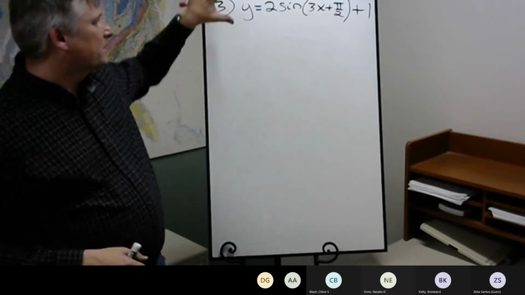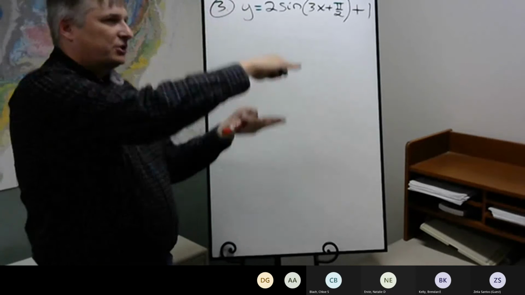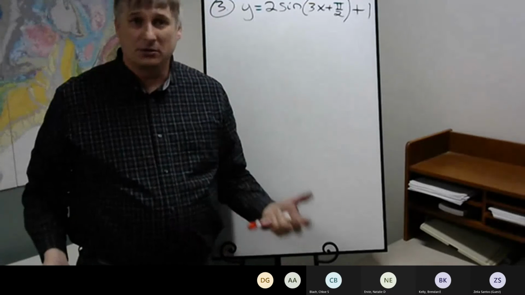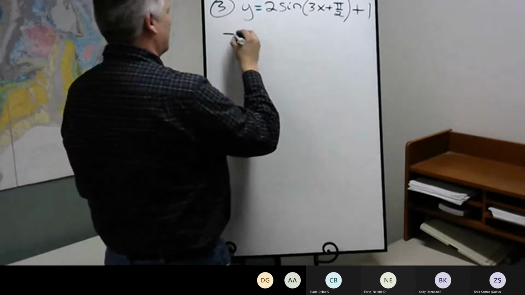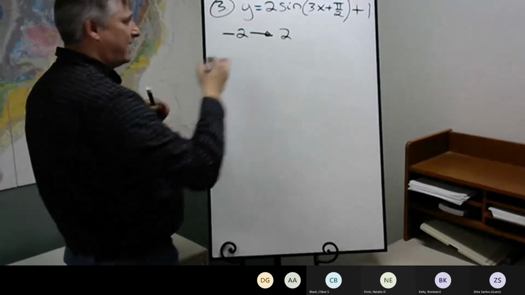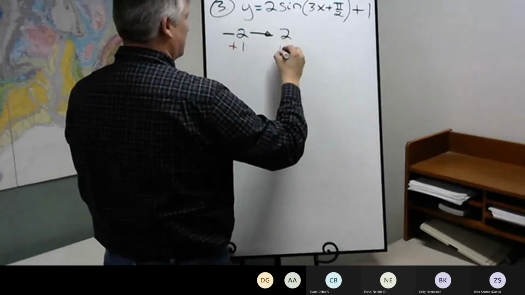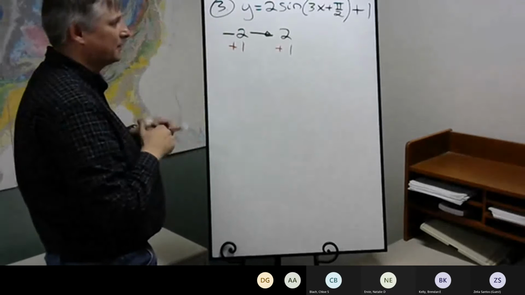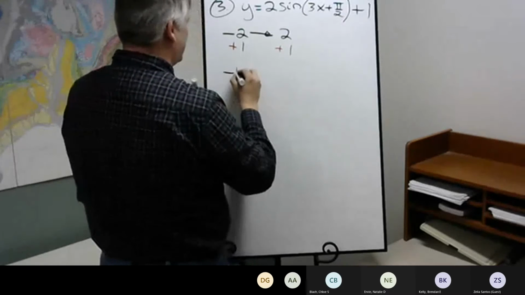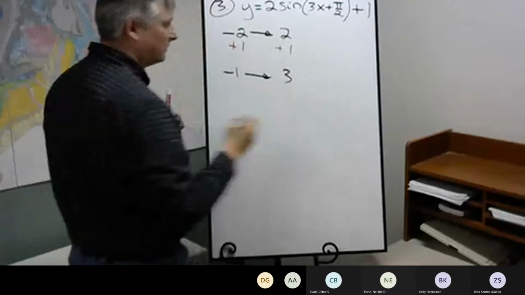So we're going to take this graph and shift it 1 unit. So instead of going from -2 to 2, we can add 1 to both sides here. This is along the y-axis. And so we're going to get -1 to 3.